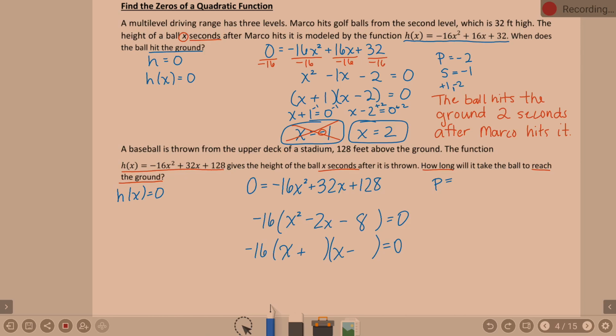They're multiplying to be negative 8 and adding to be negative 2. Okay. I heard 4 and 2. If they're adding to be negative, that bigger number is negative, so negative 4, positive 2. So you're going to have an x minus 4 and an x plus 2.